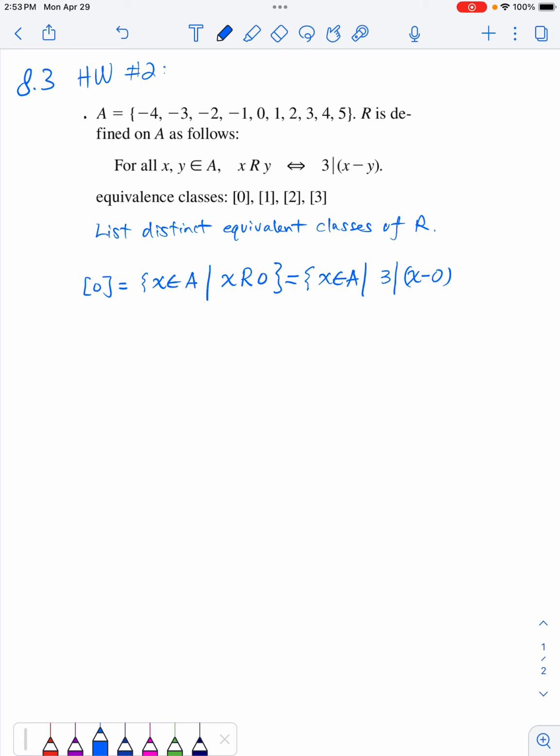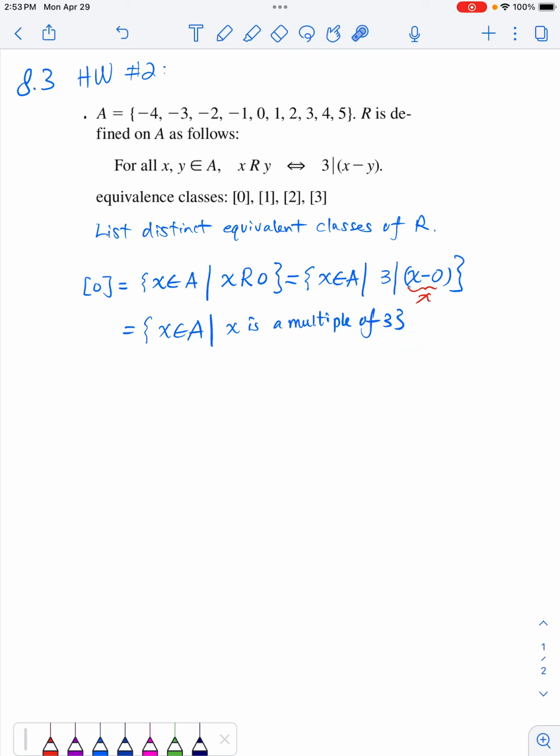By the way, x minus 0 is just x. So 3 divides x. Basically, 3 divides x means x is a multiple of 3.